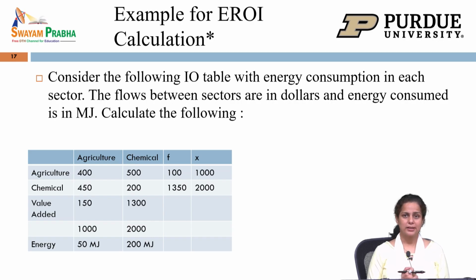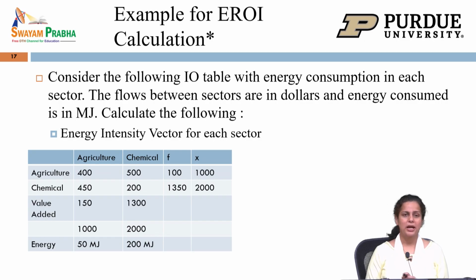Remember, we had calculated the energy resource intensity. Here what you would need to do is calculate the energy intensity. So let's do this first problem of calculating the energy intensity vector for each sector. Take 30 seconds, and utilize the definition that we have learned earlier on the resource intensity to calculate the energy intensity.